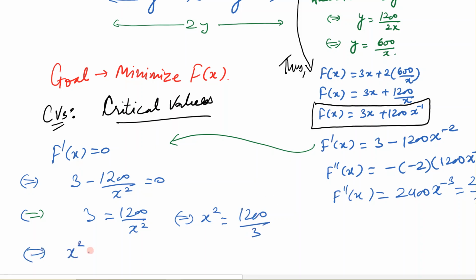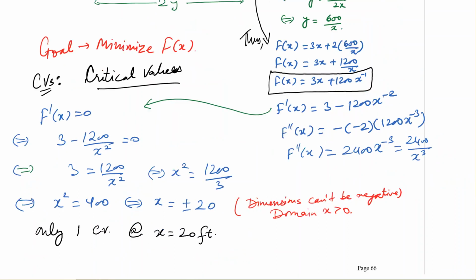So x squared equals 400, or x equals plus or minus 20. Since the dimensions cannot be negative, the domain is x greater than 0. So there is only one critical value, which is when x is 20 feet.